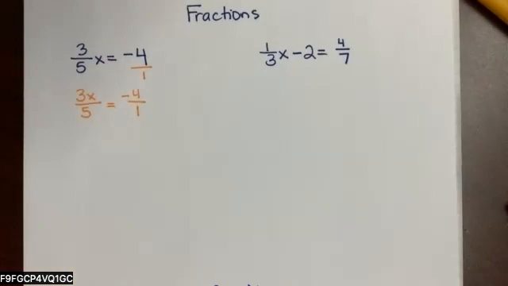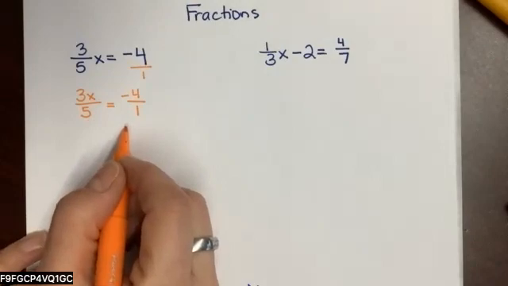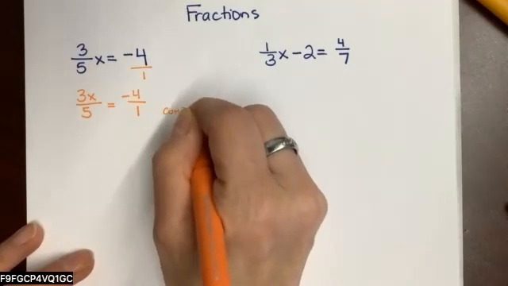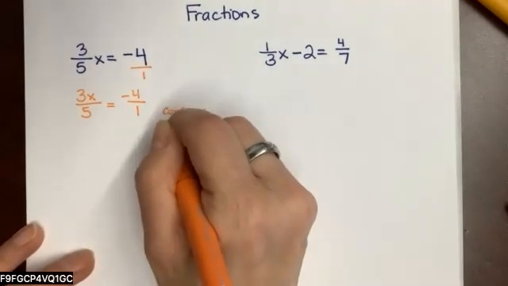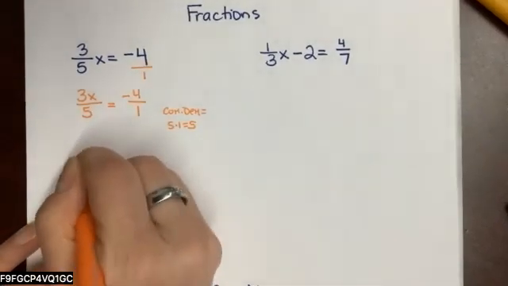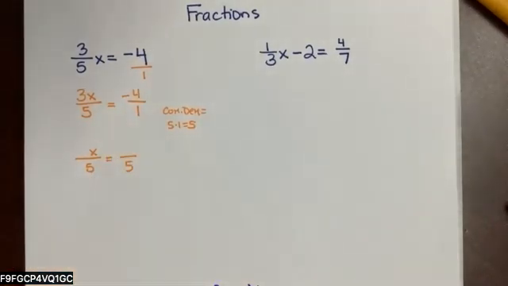The fastest way to make them match is to find a common denominator, and the fastest way to do that is to just multiply the denominators that I have. So my common denominator here is 5 times 1, which is 5. I'm going to rewrite the problem with both denominators being 5 and the x still living where it is.